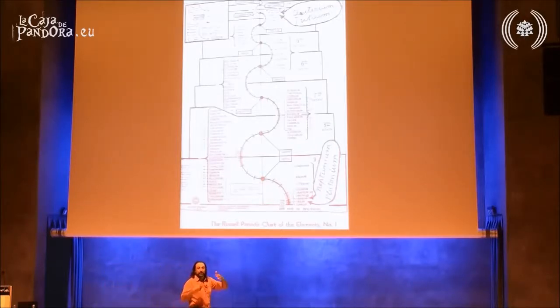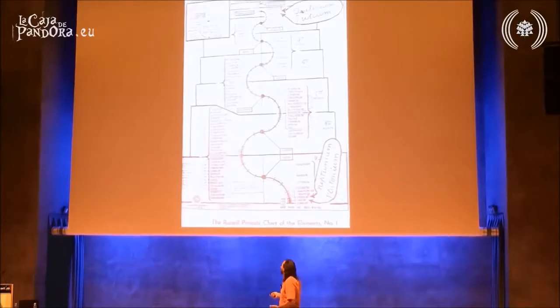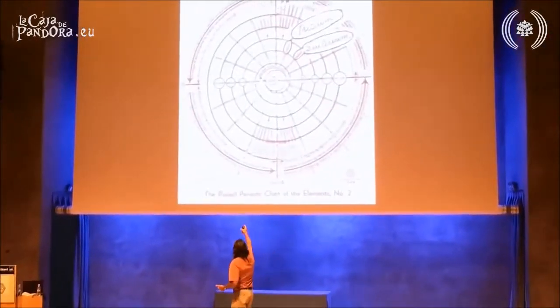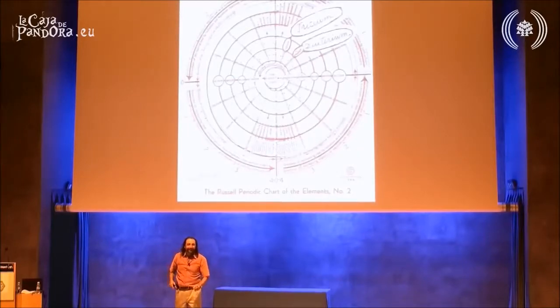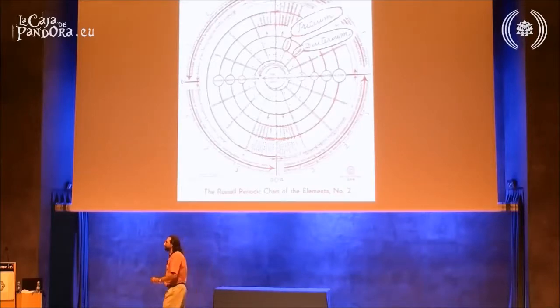He started to discover all these elements that had not been isolated. Actually, some of these elements were not found until 10 years later. But he could figure it out by plotting it on a spiral. Why? Because you're looking down the vortex. And if you got the octaves right, you're going to get the elements.